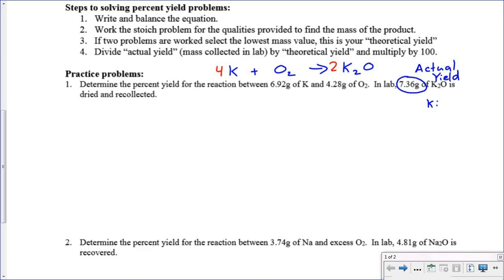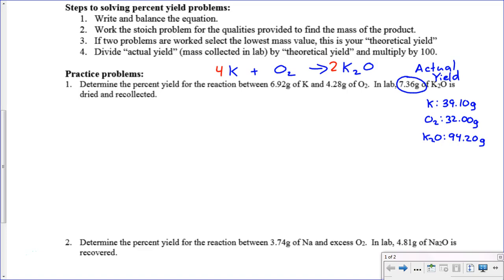K has a mass of 39.10 grams per mole. O2 has a mass of 32.00 grams per mole. And K2O has a mass of 94.20 grams in 1 mole. We will use all of those numbers in this stoichiometry problem.